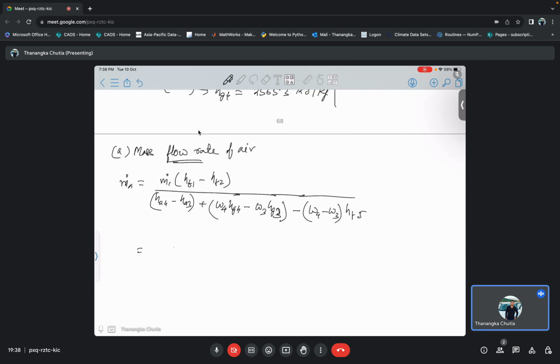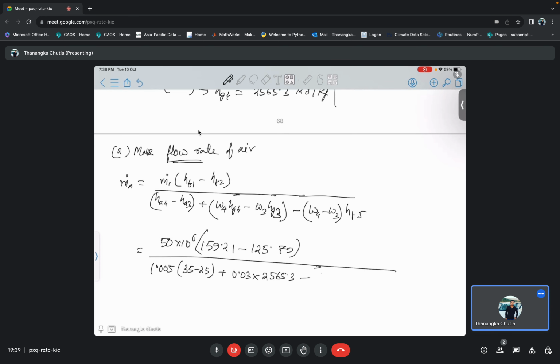So if you put all these values, what you will get: 50 into 10 to the power 6 times 159.21 minus 125.79, divided by 1.005 times 35 minus 25 plus 0.03 into 2565.3 minus 0.007 into 2547.2 minus 0.03 minus 0.007 into 83.96.